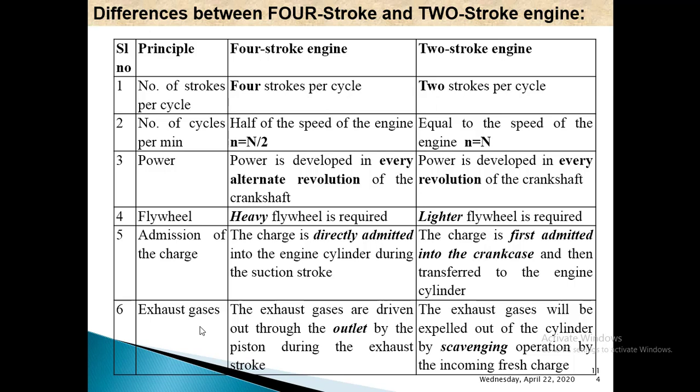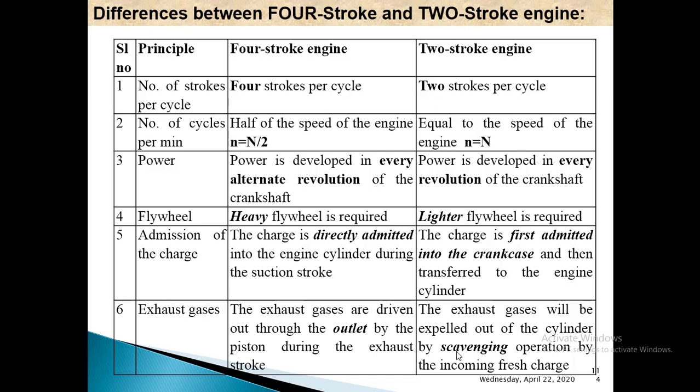Next is exhaust gases. Here you all know that in a four-stroke engine, exhaust gases are driven out through the outlet by piston during the exhaust stroke. Yes, that's what we have discussed. Due to the upward movement of the piston, all the exhaust gases will be driven out through the exhaust valve. Whereas in case of two-stroke engine, exhaust gases will be expelled out of the cylinder by scavenging process. Yes, we discussed this scavenging process.